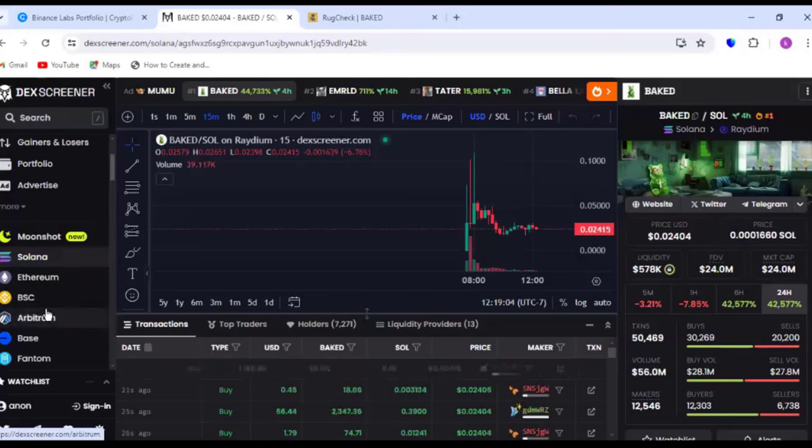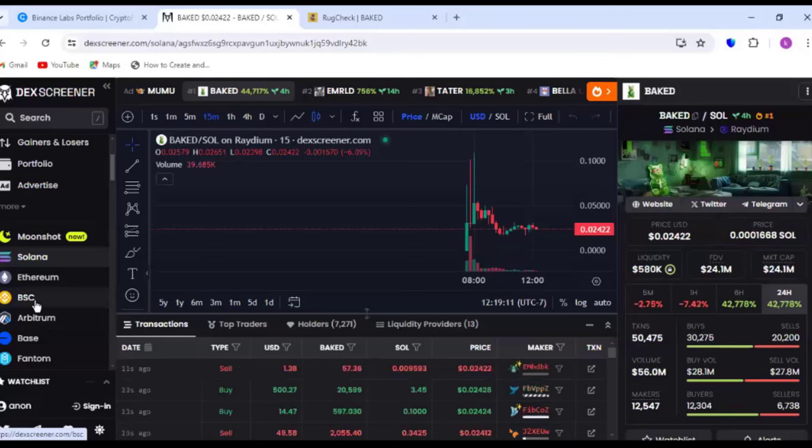The BSC chain is the easiest and most popular chain that a lot of us as newbies are familiar with. I know most of you must have heard about PancakeSwap. PancakeSwap is a DEX where you trade on the BSC chain. When you come to the Solana chain, there are a couple of DEXs, but we have Raydium, where you trade the Solana tokens.